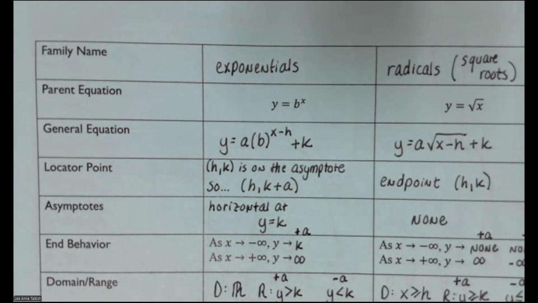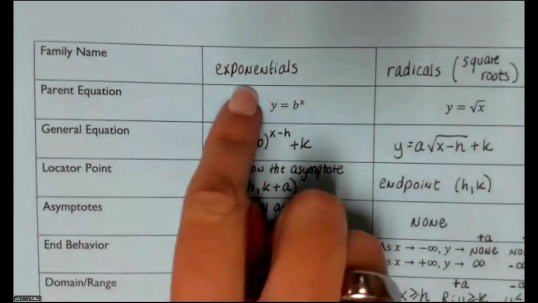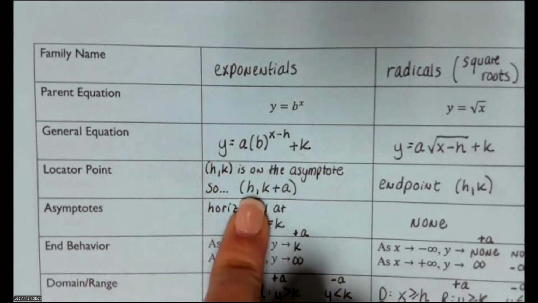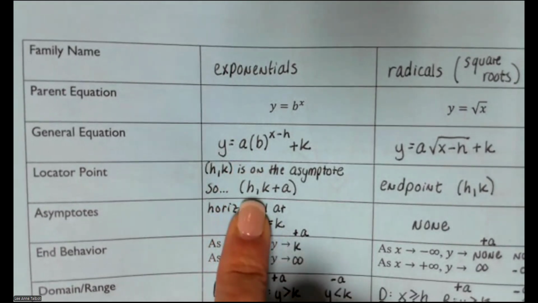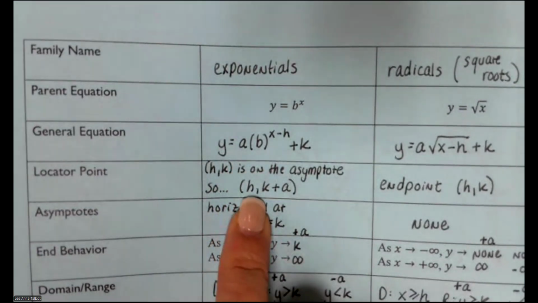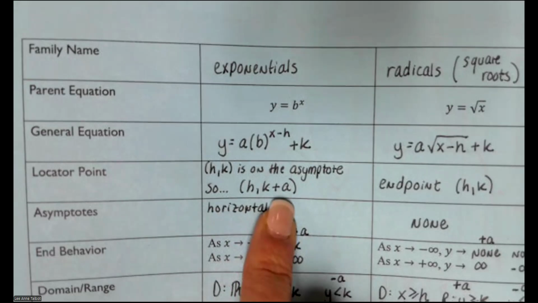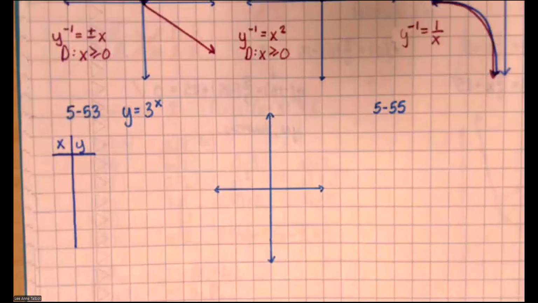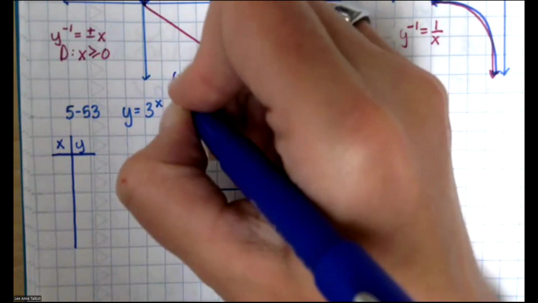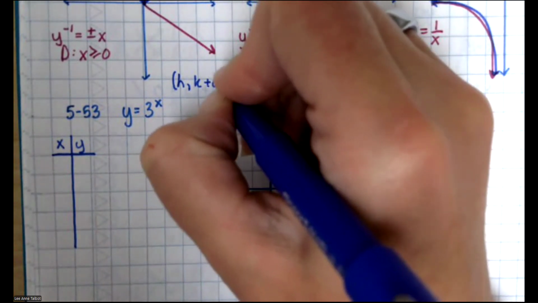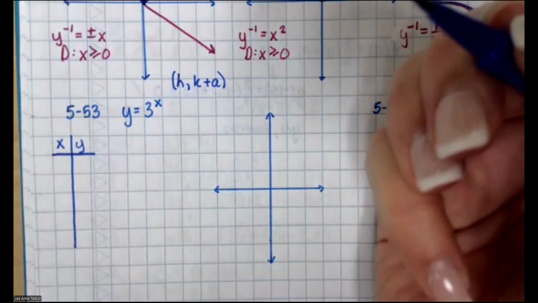That's a rational function. Okay, so there is an asymptote. So that makes the locator point h comma k plus a. Okay, so come back over to this. Just put up here h comma k plus a.